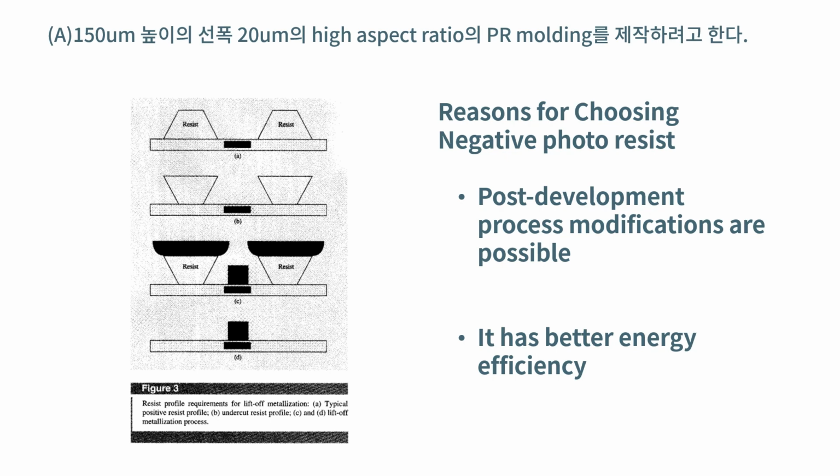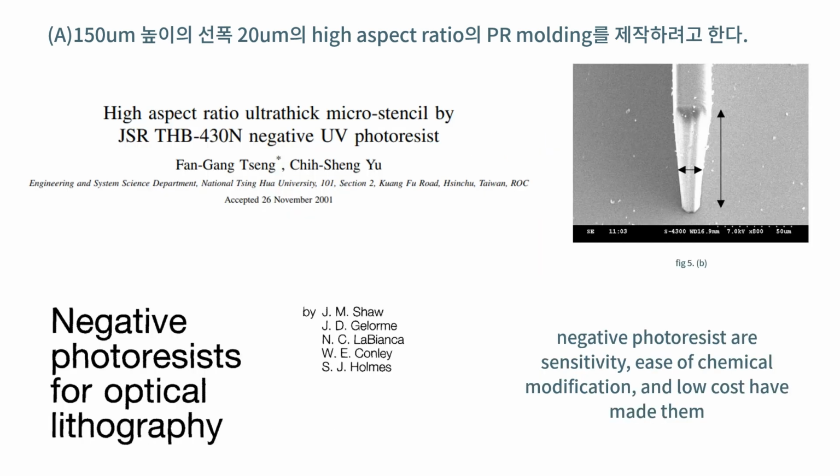Through the paper on the left, we can confirm that high aspect ratio photoresist modeling was achieved using negative photoresist. The content of the paper below indicated the superiority of the negative photoresist in terms of sensitivity, ease of chemical modification, and lower cost.